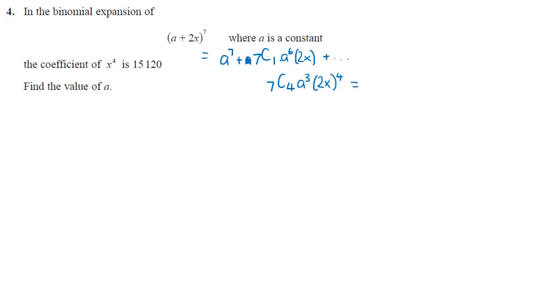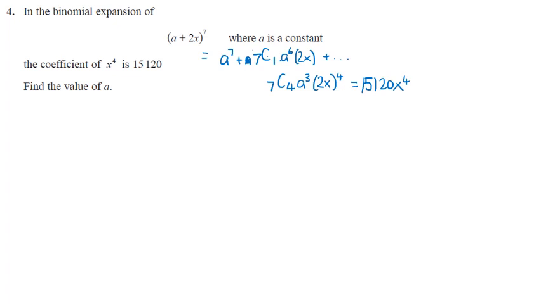And we're told that that's equivalent to having a coefficient of 15120 in front of x to the 4. So we just need to multiply out that left hand side. So let's rearrange this.